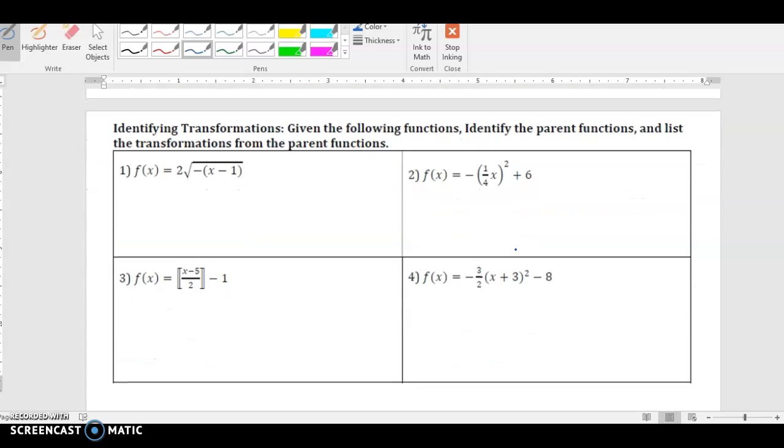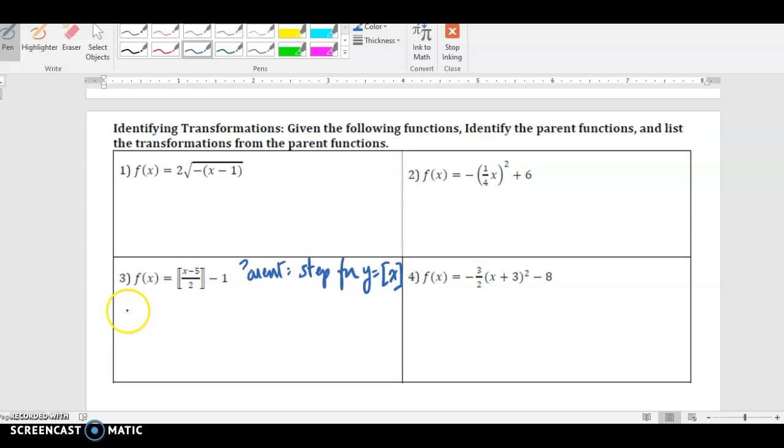Now let's take examples. This looks difficult, but this parent function here is a step function, which is y equals step x. They use a double line here, but when you write it, you just use square brackets. So if you see here, x minus 5 and a half. x minus 5 should ring a bell.